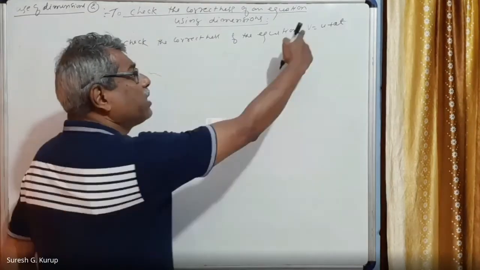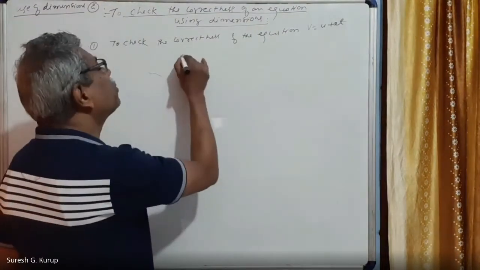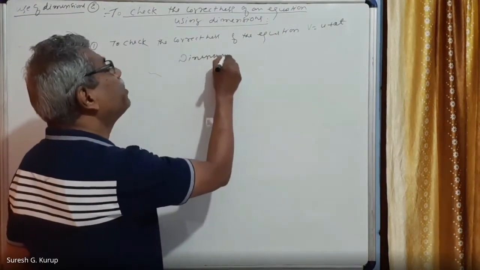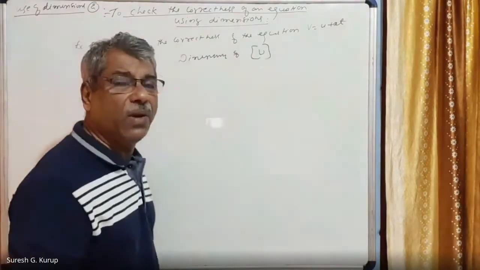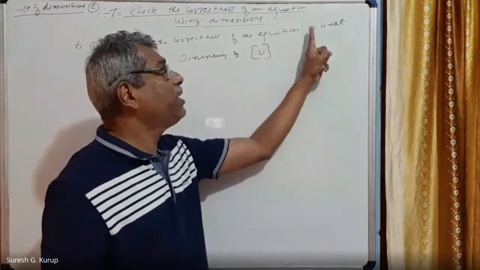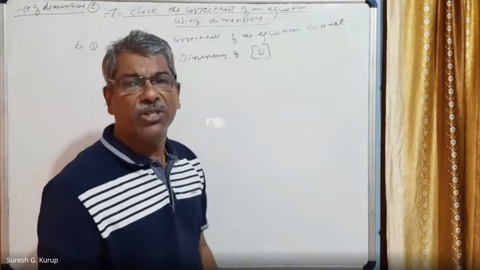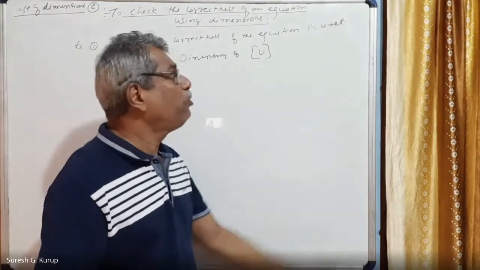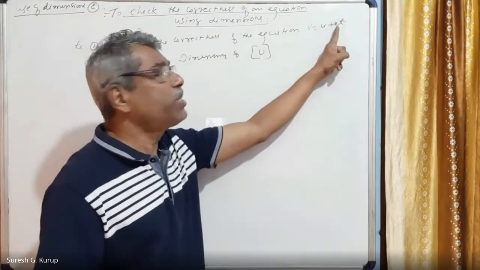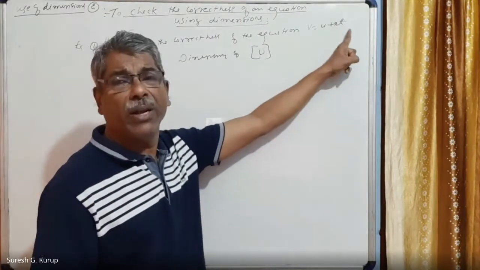So now we will see the dimension of the first term, v. Capital V means final velocity. This is final velocity, this is initial velocity, this is acceleration, and the other one is time. A particle is moving with a uniform initial velocity u with a constant acceleration a, and it travels for a time t seconds.